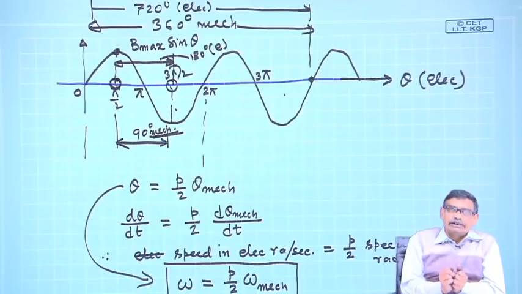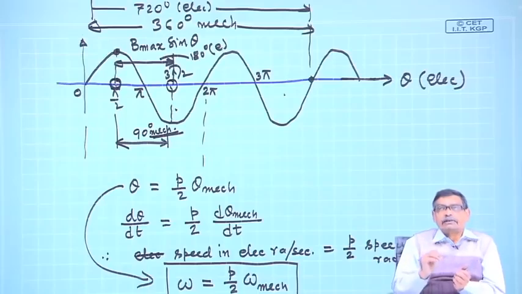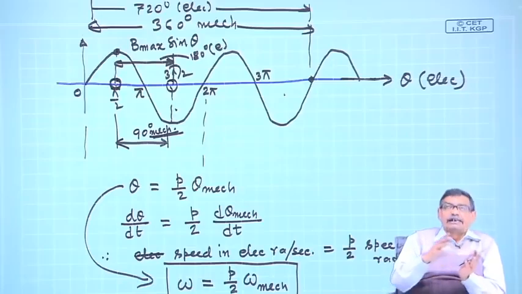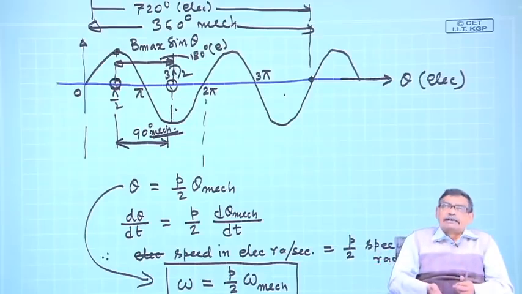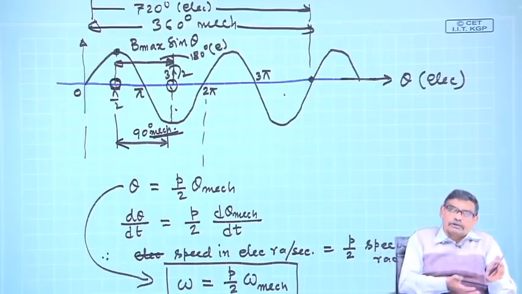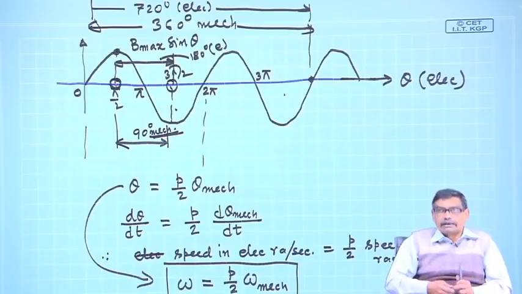If it is a 2 pole machine, 180 degree mechanical will be under the north pole, and 180 degree mechanical under the south pole. If it is a 4 pole machine, only the first 90 degree will be under the north pole, the next 90 degree under the south pole, the next 90 under the north pole, and the next another 90 degree.